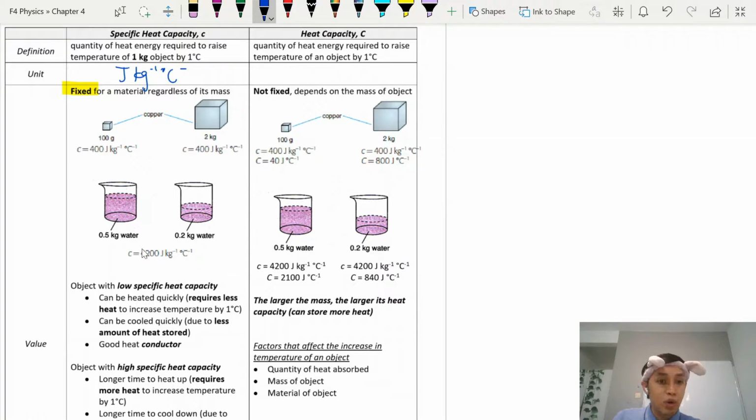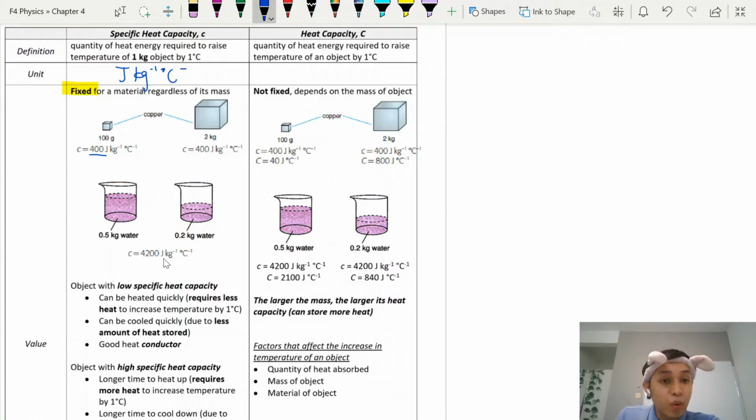Whereas for water, the specific heat capacity is this one. If I were to explain this value in terms of a sentence, it means that if I want to increase 1 kg of copper by 1 degree Celsius, the amount of heat energy that I need to supply is 400 joules.